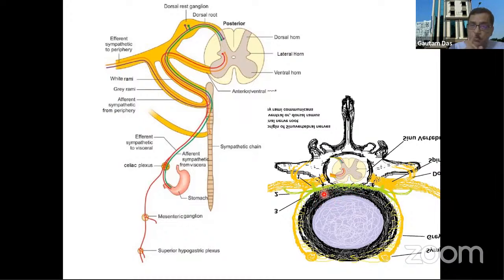But the very important feature of disc prolapse is that it produces radicular leg pain, which is somatic nerve mediated pain. So the pain will be very sharply localized. The patient will be able to show it with their finger. That pain will be along some dermatome, and that pain is aggravated on walking.